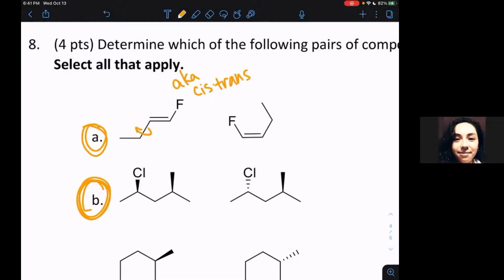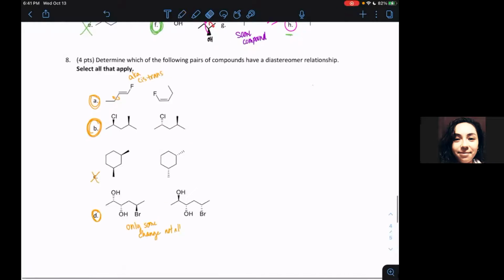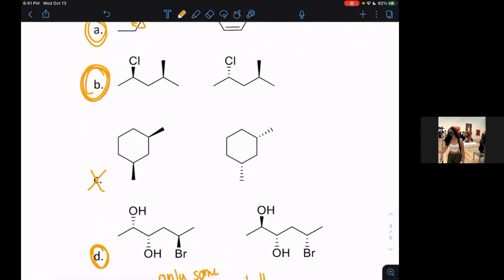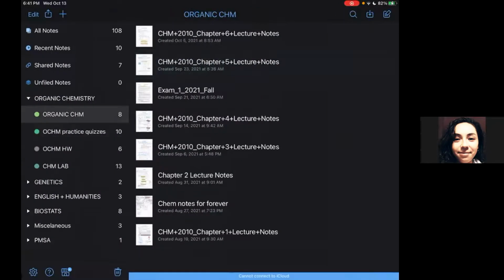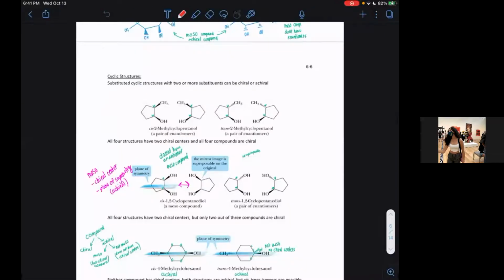Why is it not C though? Because in C, both of them are changed, so that would mean they're enantiomers. But if you look at the example on page 6.5, she compares A and C, and they're kind of, oh, wait, no, that's okay. Hold on, we'll look anyway.